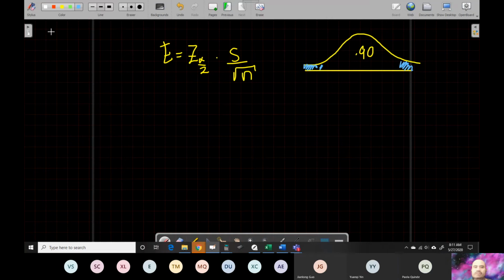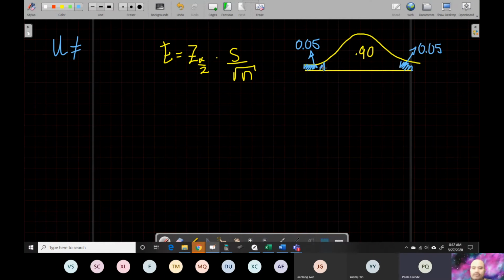We have to do it because remember that we're using the symbol not equal, so that means that we're doing both sides. Regardless of that, we always like to make a picture to make sure that we understand that. Now, what is it that they want to know? Well, if this is 90%, how much is in each one of these? 0.05. Because if you add the 3, they have to equal 1.